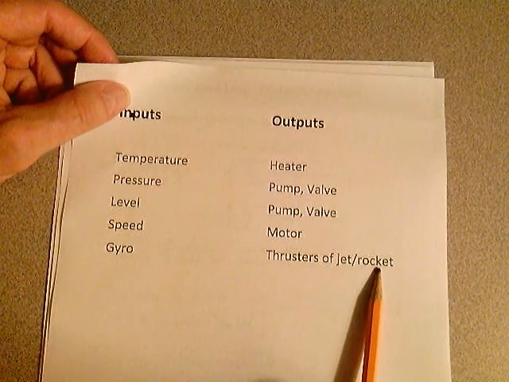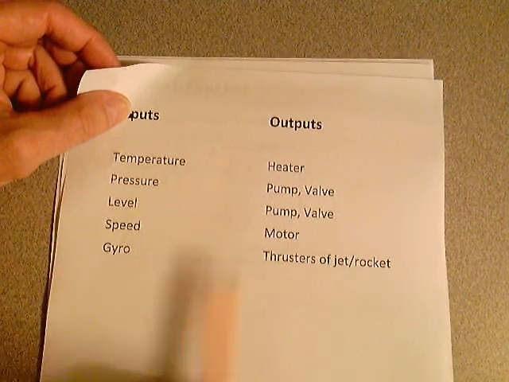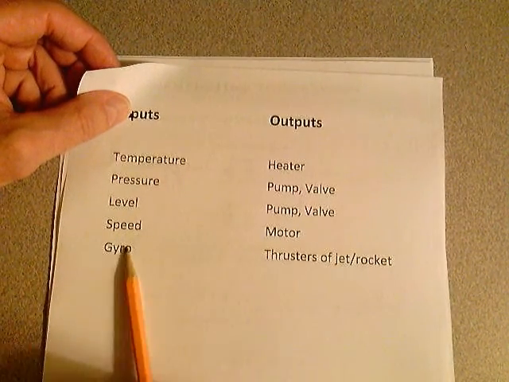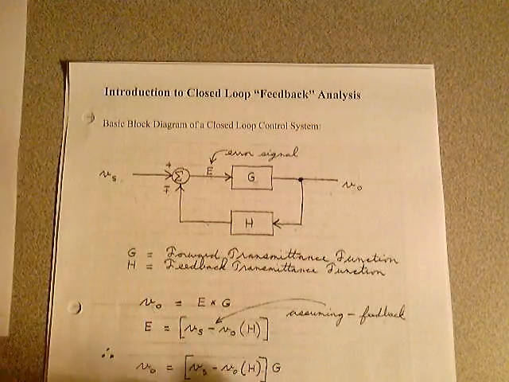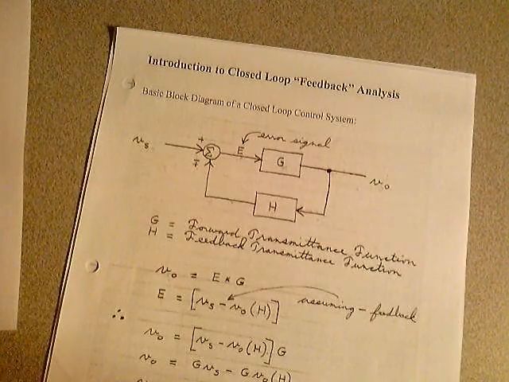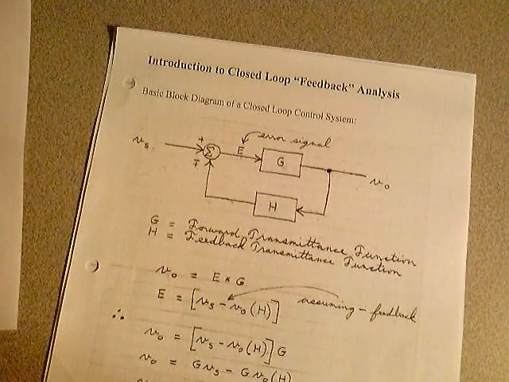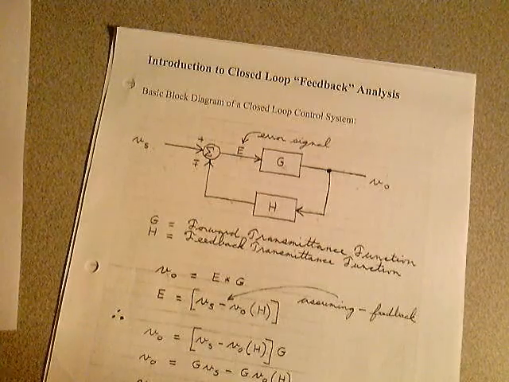thrusters of a rocket. And to give you an idea here, just picture this one as a final closing on this lecture. You're trying to control the thrusters of a rocket here, and you have a gyro. And that rocket is blasting off. And picture 4 thrusters at 90 degrees apart from one another in the base of that rocket.